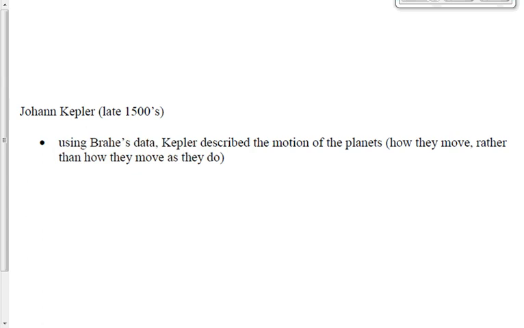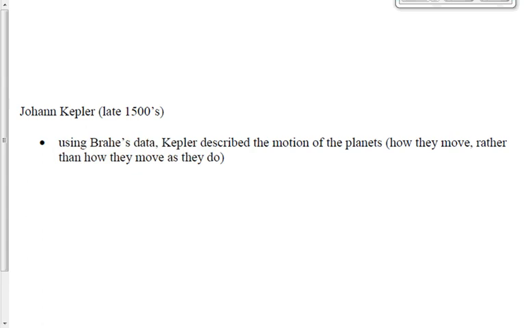Tycho Brahe said, "I'm right," and the other guy said, "No, I'm right." So they fought over it, and they decided to settle it with a duel. Tycho Brahe lost because he got his nose cut off. He replaced it with a nose made out of silver. That's what he had for the rest of his life until he died by holding his pee.